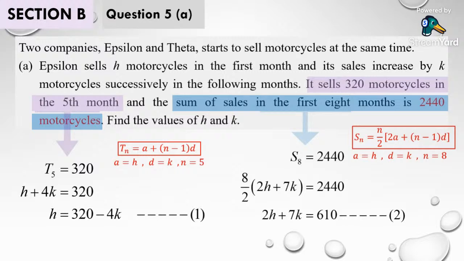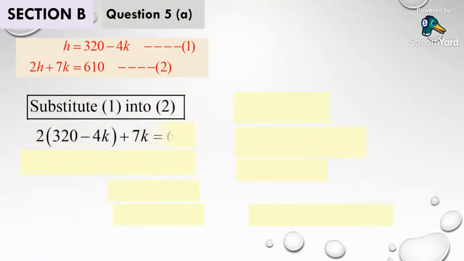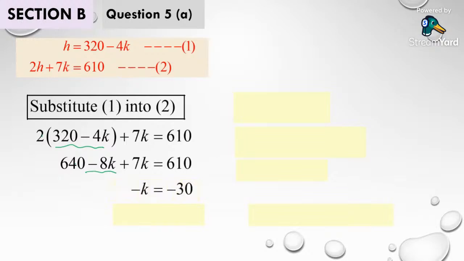Based on equations 1 and 2 that I obtained previously, I substitute 1 into 2 and simplify accordingly. So H I substitute with 320 minus 4K. Expand the 2 inside and simplify the answer.